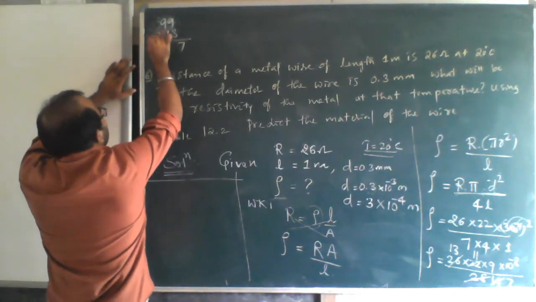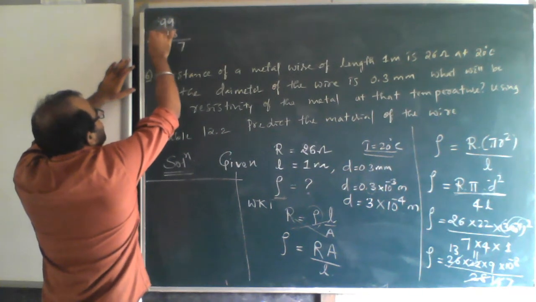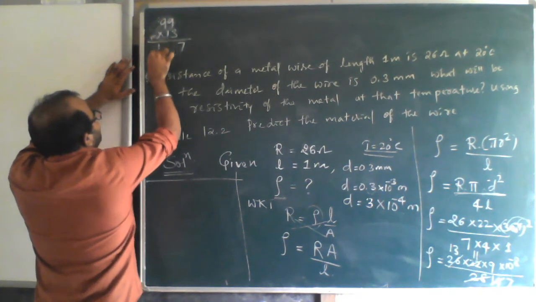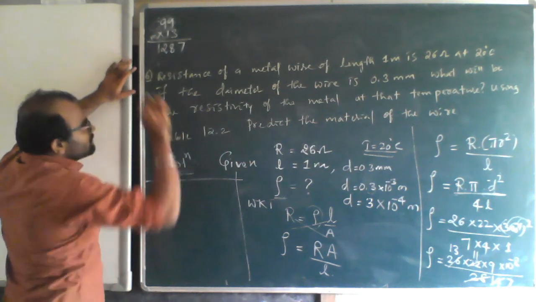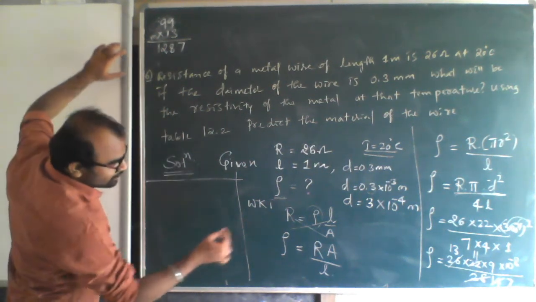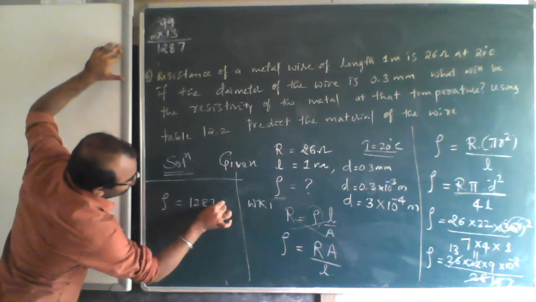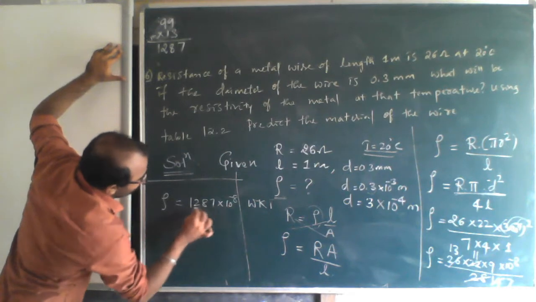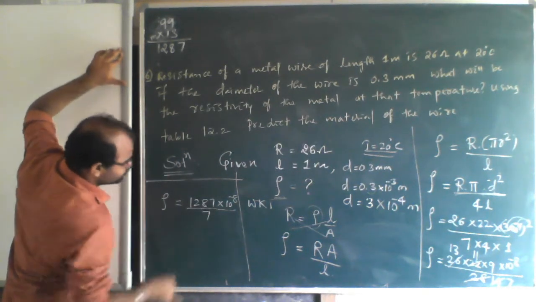So 7 I will keep, 11 carry. 13 nines are again 117, plus 11, 128. So my rho will be 1287 into 10 to the power minus 8 divided by 7.